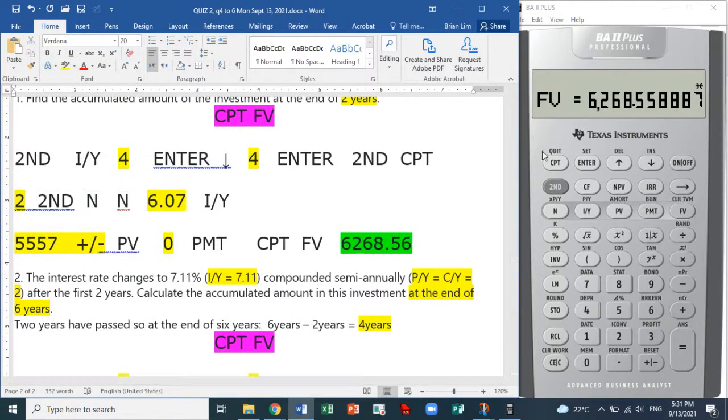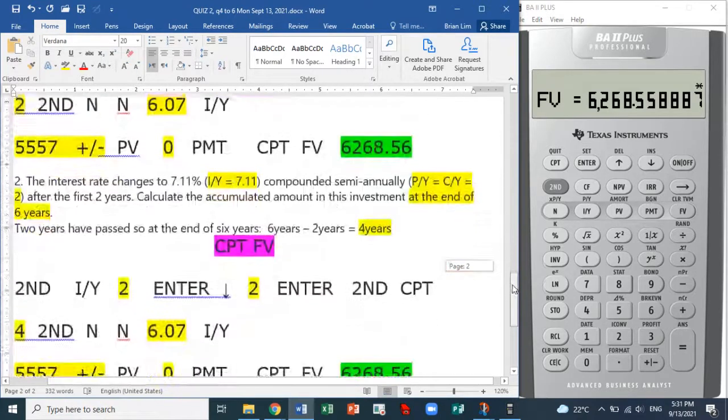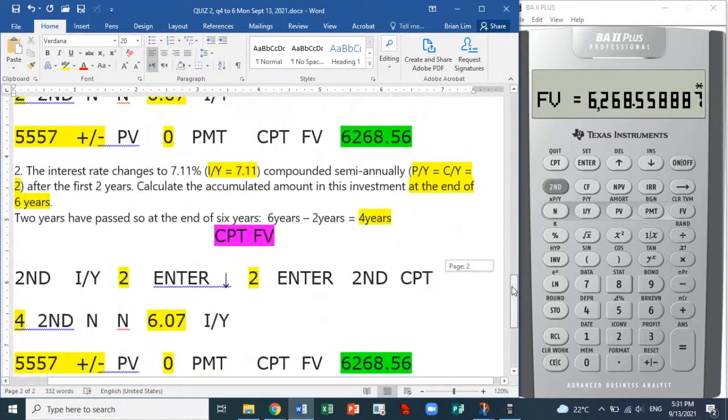All right, so that is a number that will change, and the interest rate has now changed to 7.11. So we get rid of those, and then we get rid of that 6. So that is the interest rate. Now, the present value will be what? It will be the future value up here.